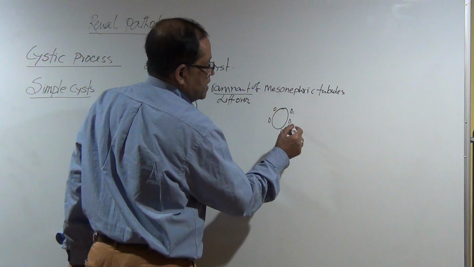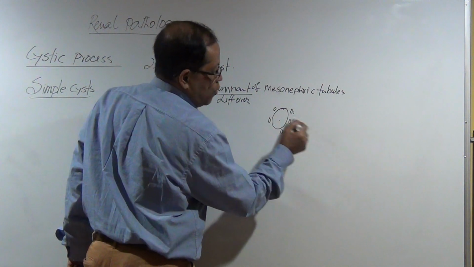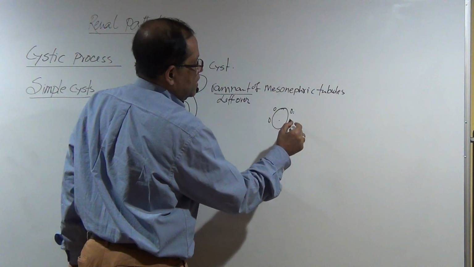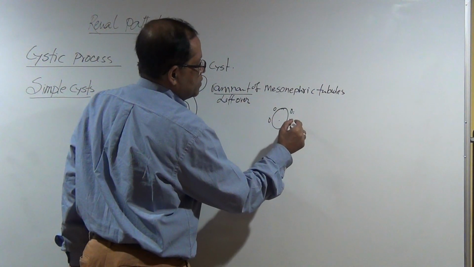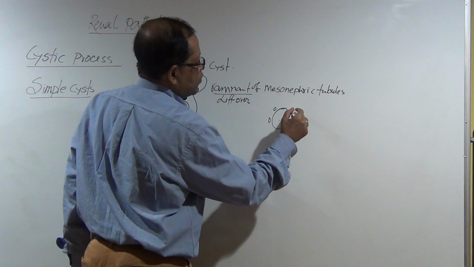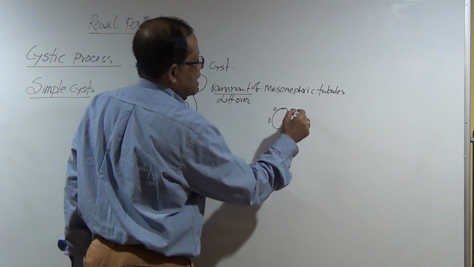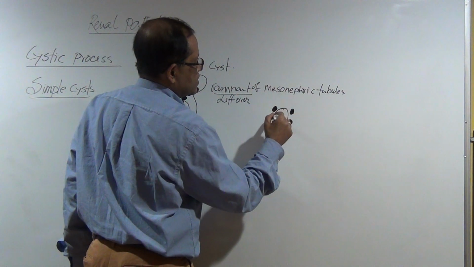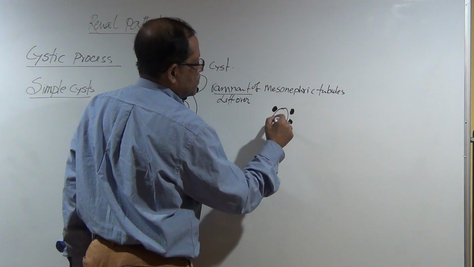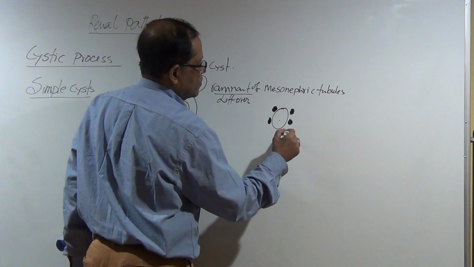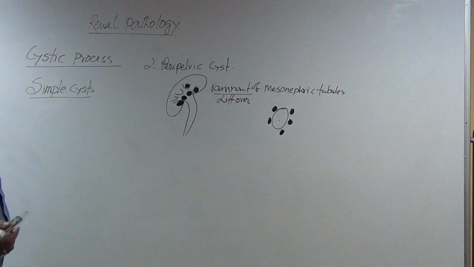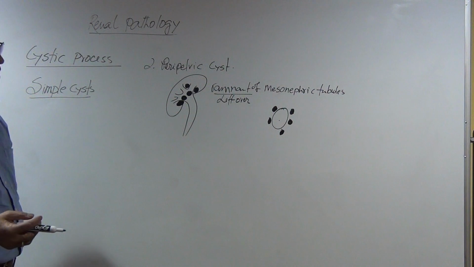These are not inside the kidney, outside the kidney. And later it would be collecting fluid inside, and looks like a cyst. Okay, that's why they are known as peripelvic cysts.